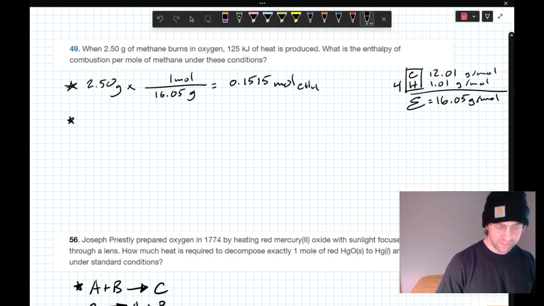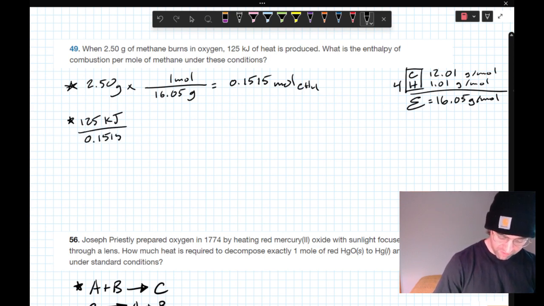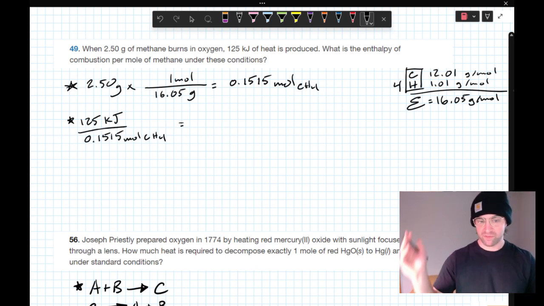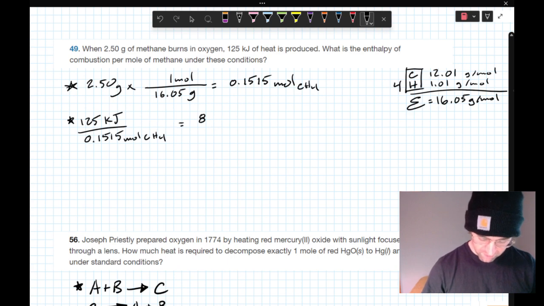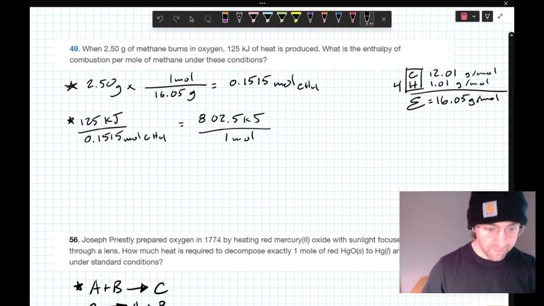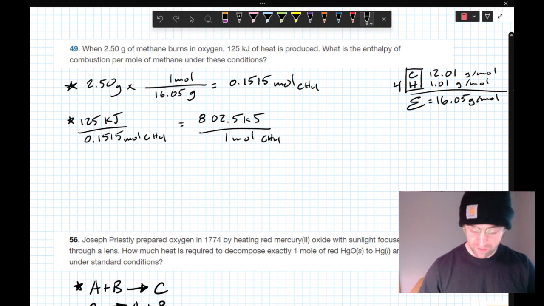Now, they told us that 125 kilojoules of heat was produced per that 0.1515 moles of methane. We can simply divide that, which gives us 802.5 kilojoules per mole of methane.